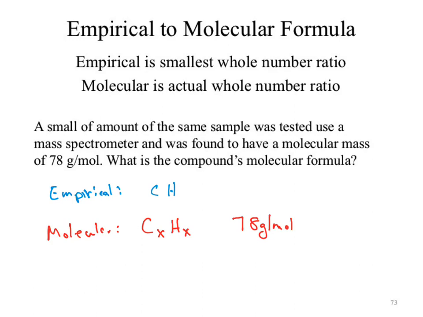What is the mass of CH? 12 plus 1. 13.02. Okay, I can accept that. It's not 78, so it can't possibly be CH.